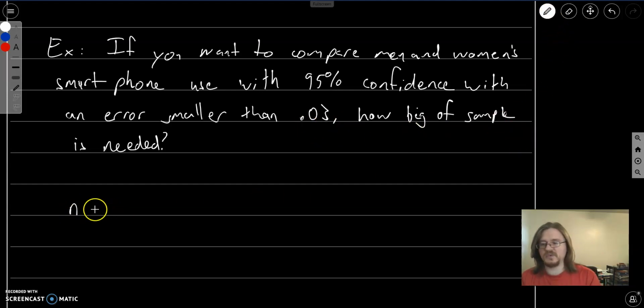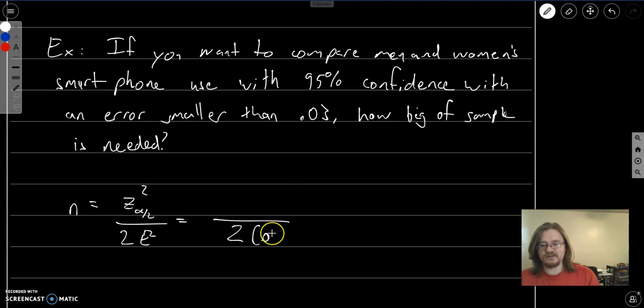Well, we know that our sample size, our two samples, are going to have to be n, which is going to be our z-score squared over 2 times e squared. Well, we know 2 is just a number.